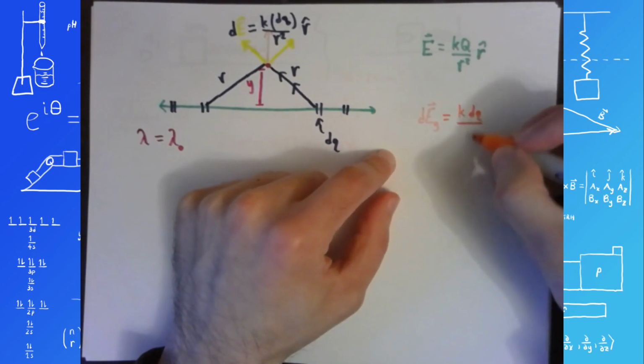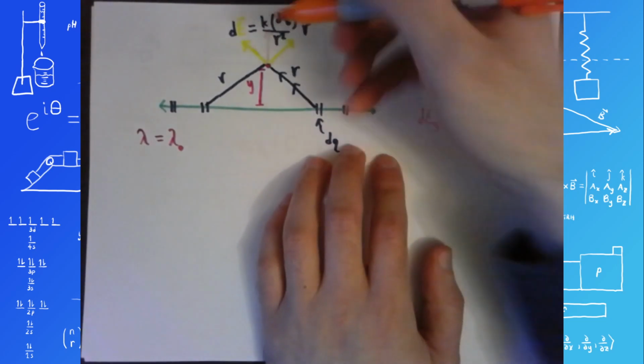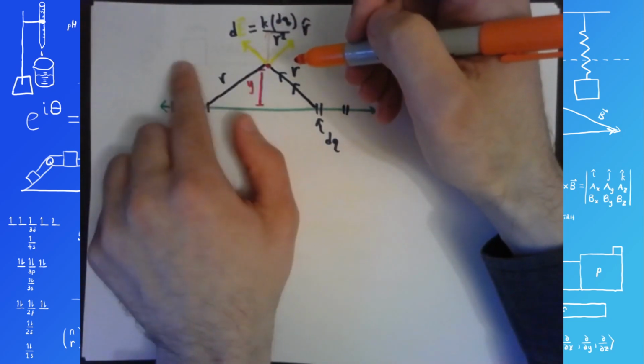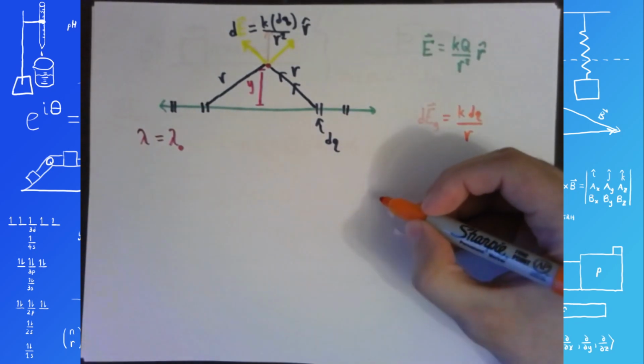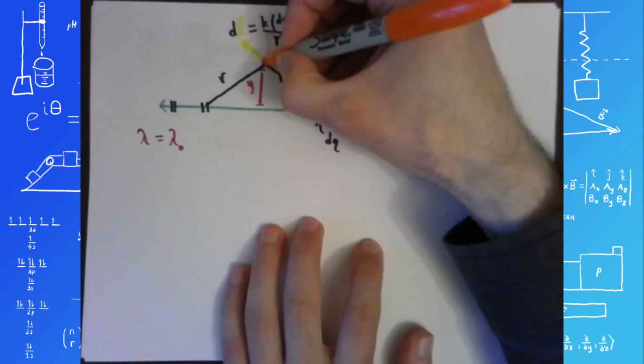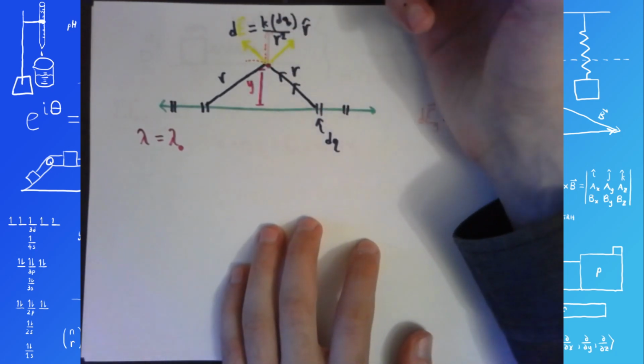It's going to be k times dq over r squared times, for our r hat, we don't need the horizontal component of it anymore. For our r hat, we just need the vertical component of it.